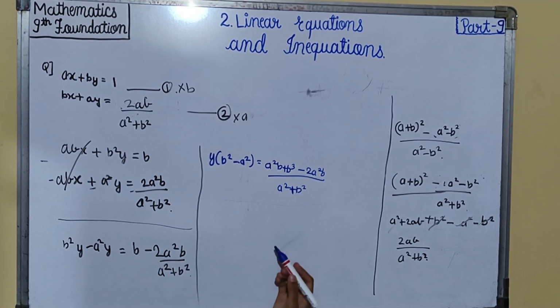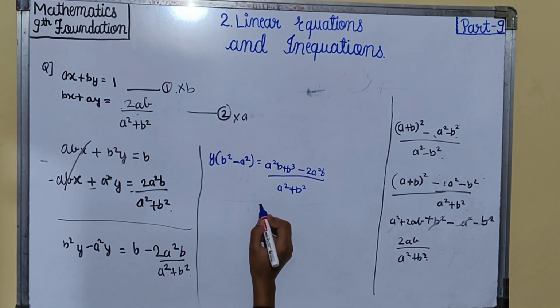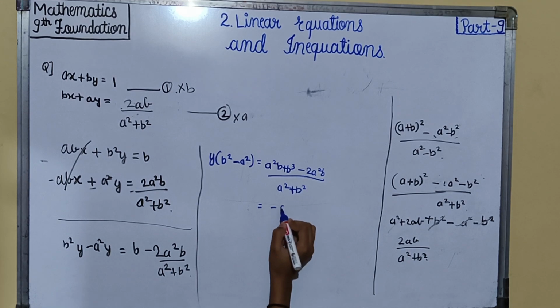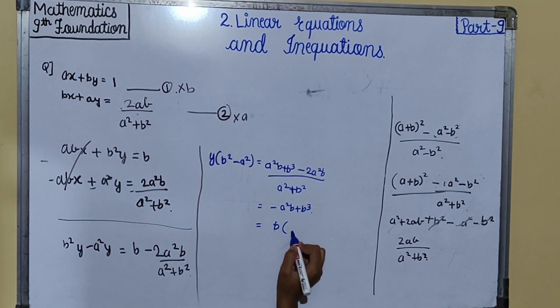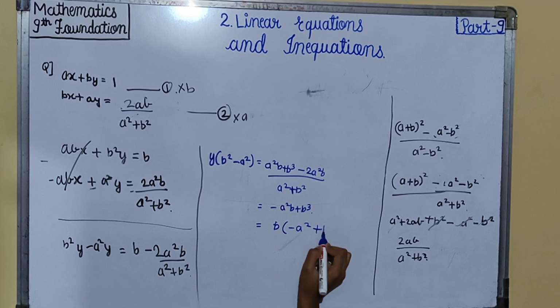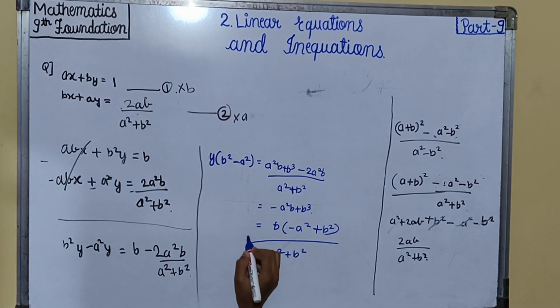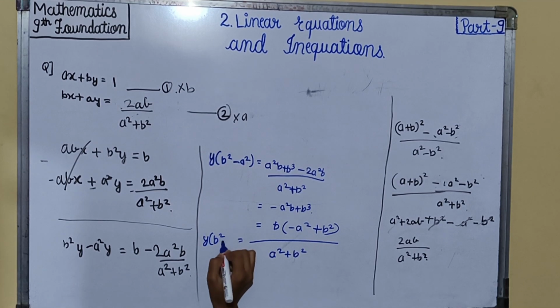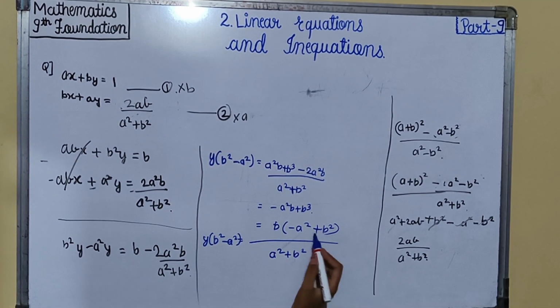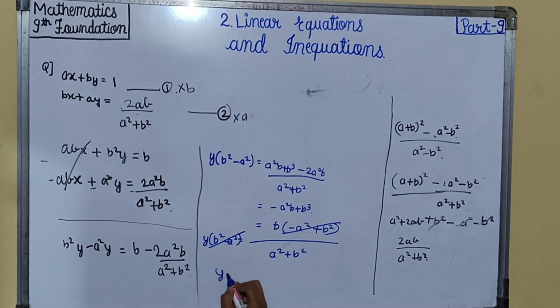A square b minus 2a square b will give minus a square b plus b cube. Means we'll take b common, so we'll get b (b square minus a square) upon a square plus b square equal to y in bracket (b square minus a square). This and this are same, this will get cancelled. y will be equal to b upon a square plus b square. This is the value of y.